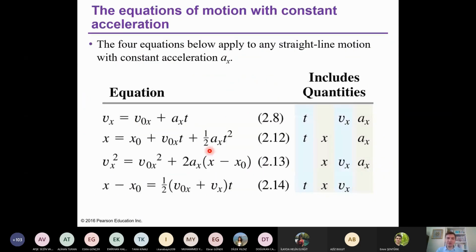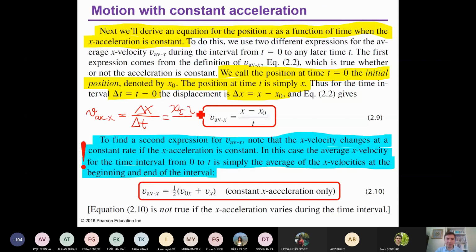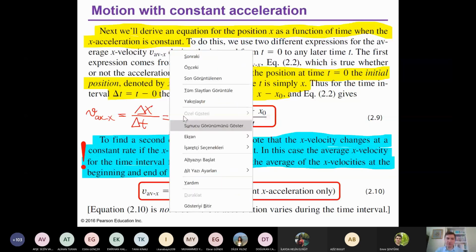How to get this equation? In order to get this equation, we will just use the average x velocity. So remember the average x velocity formula from the last lecture. Let's consider that t1 is 0 and t2 is t, and this is x, this is x0 when the time is 0, okay?